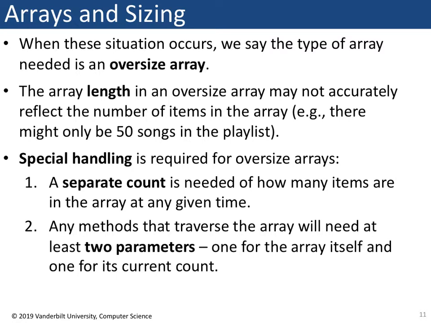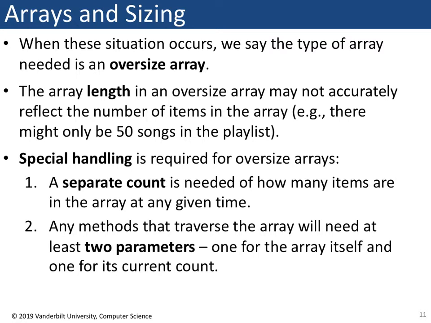But one of the complexities to using an oversize array is that the number of elements in the array, the number of elements that are being used, may not match the length of the array. So when we were dealing with an array that held daily temperatures, there were 7 elements in the array, and there were going to be 7 items in the array.